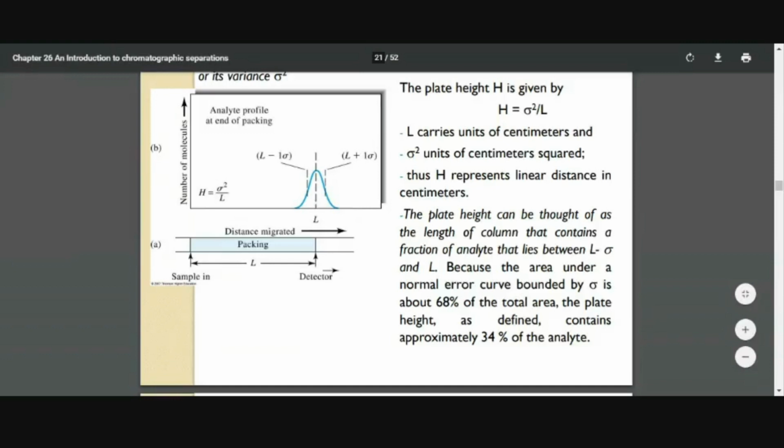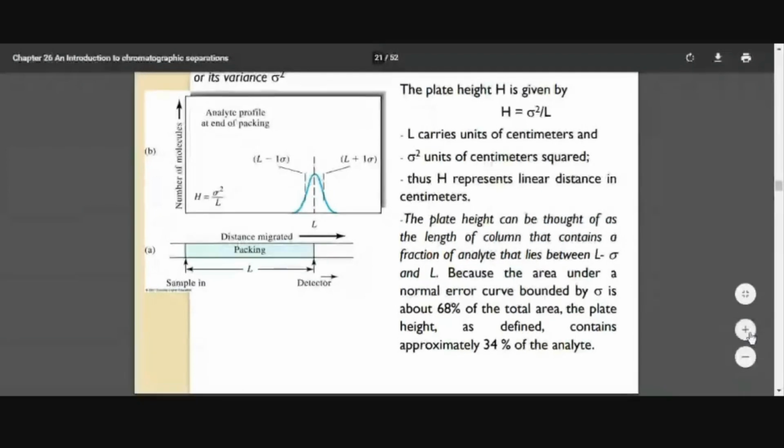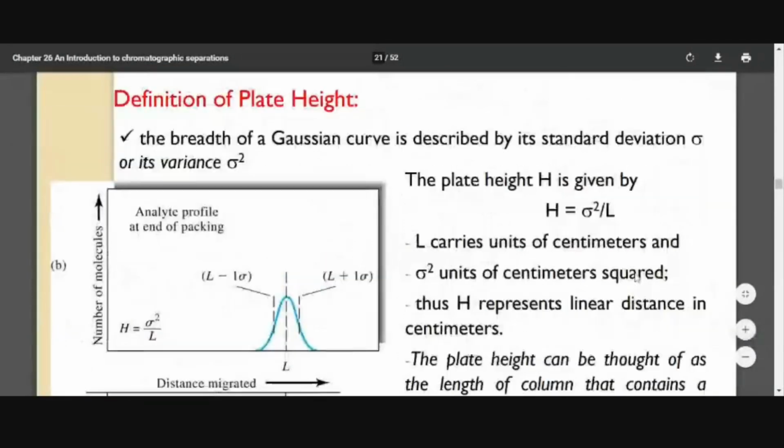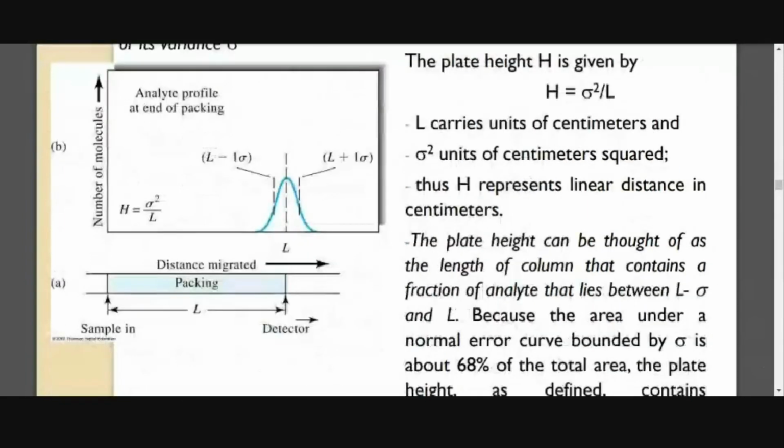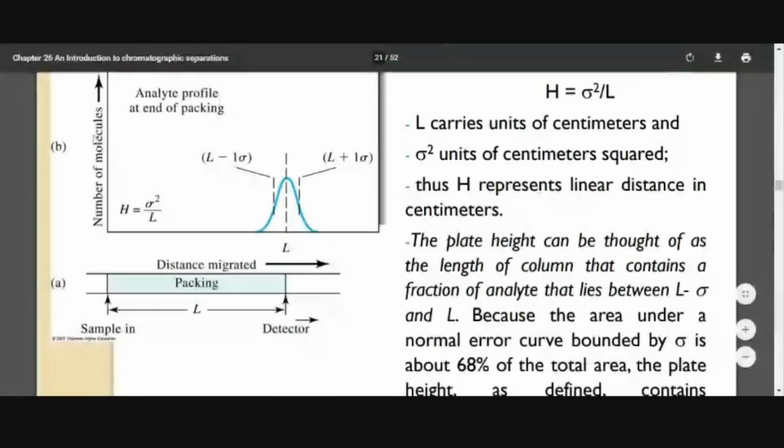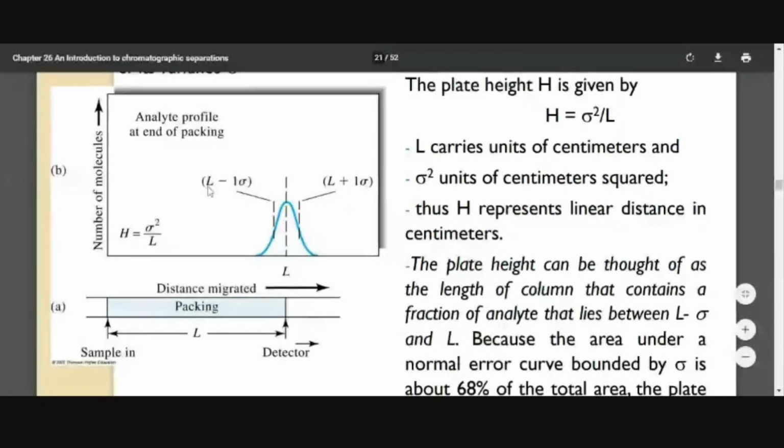Now I want you to draw this diagram. I am going to enlarge it. Please bear with me. In your book give the heading as definition of the plate height. Under that, draw this diagram, the upper diagram. Suppose this is the column.